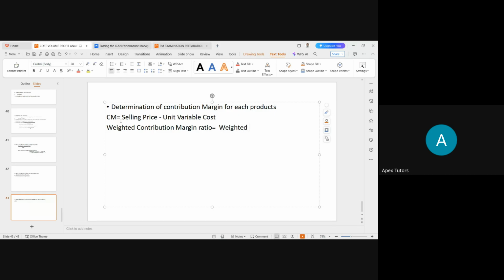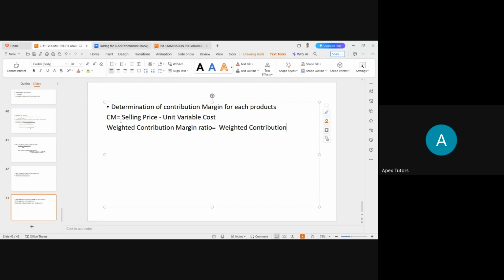It means when you determine the contribution for each product, the results, the ratio of those two results, then you look for the fraction. We'll see such scenarios in the questions we're going to solve.